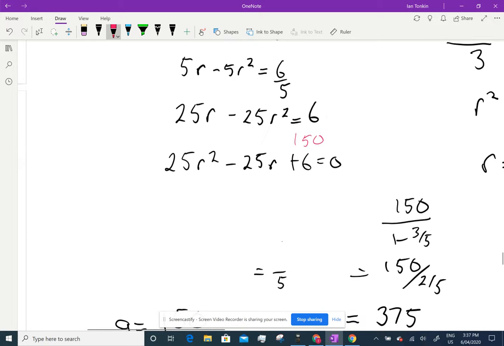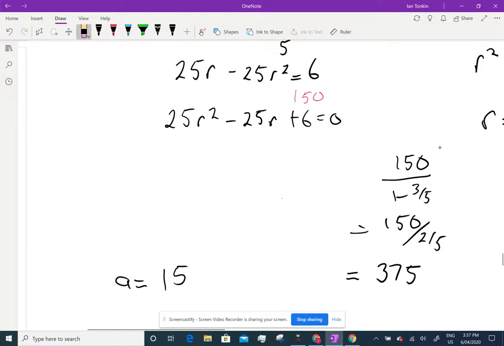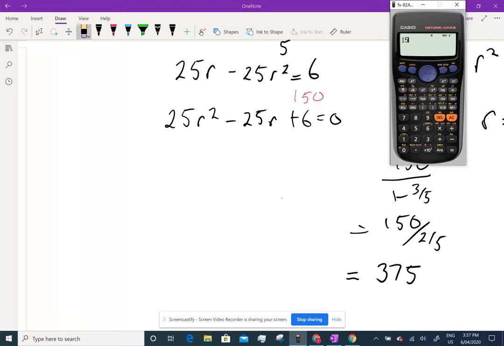What multiplies out to 150 and adds up to 25? I reckon it's going to be 5 and something. 150 divided by 5, 5 and 30, no. 10 and 15, you peanut.